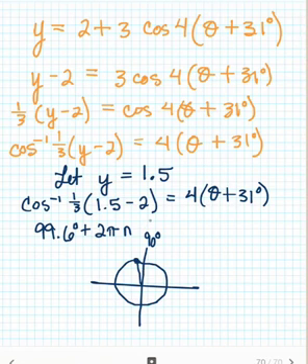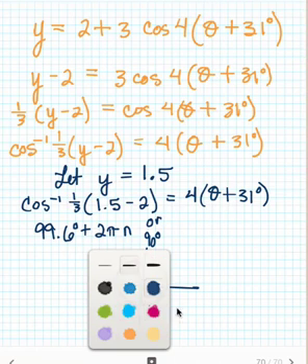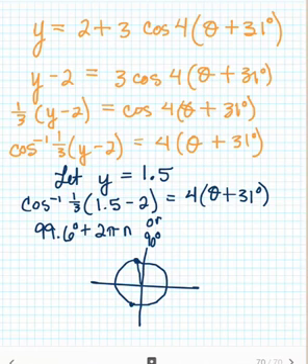Or what about down over here? Wouldn't this also have the same cosine down over here? It's going to have a cosine of whatever that cosine is right there, this horizontal x distance. So really it could be 99.6 degrees plus, and what am I saying 2 pi n for?